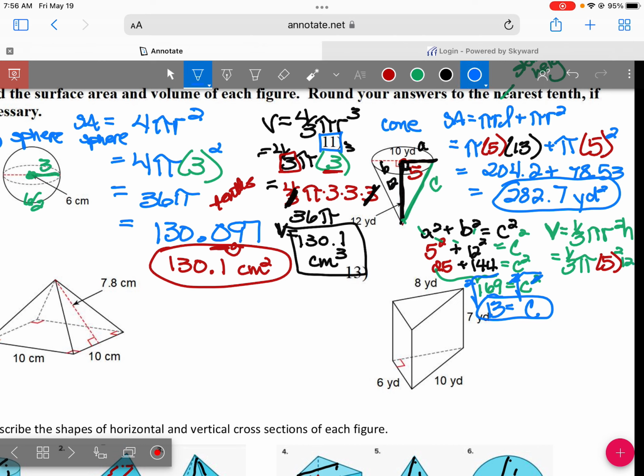I could take 1/3 of 12 and get 4 times 5 squared is 25 times pi is 100 pi. So this is going to be 314.2, what are we in? Yards cubed. This is volume. Volume. Any questions on that?